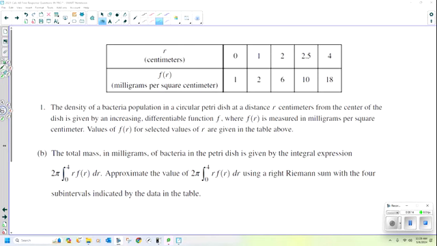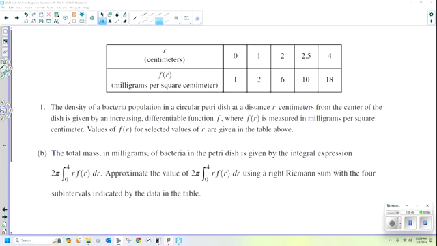And here's what makes this first problem different and what makes kids sweat a little bit. Part B states the total mass in milligrams of the bacteria in a Petri dish is given by the integral expression 2 pi times the integral from 0 to 4 of r f(r) dr. Approximate the value of that using a right Riemann sum with the 4 subintervals indicated in the table.